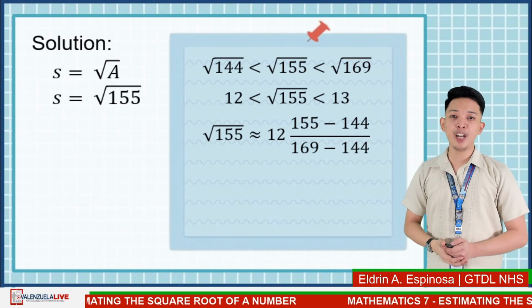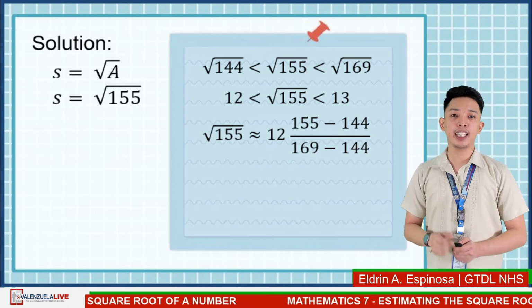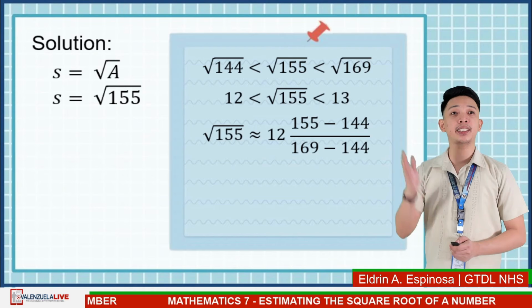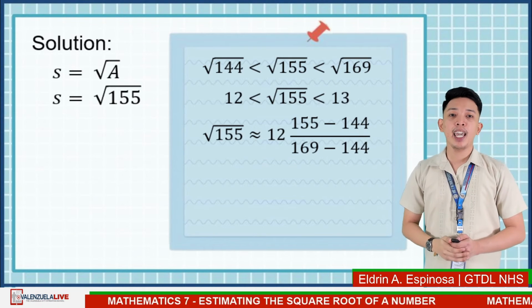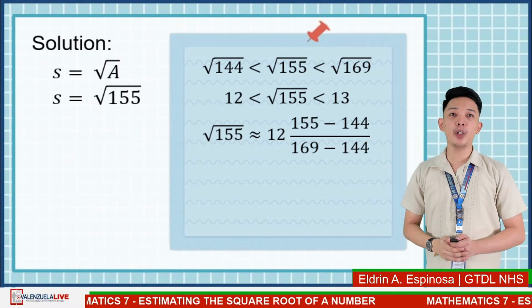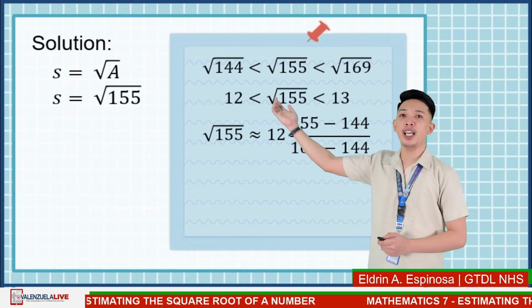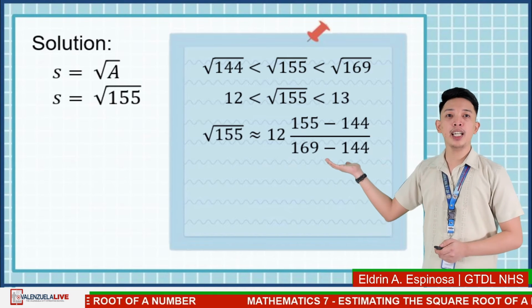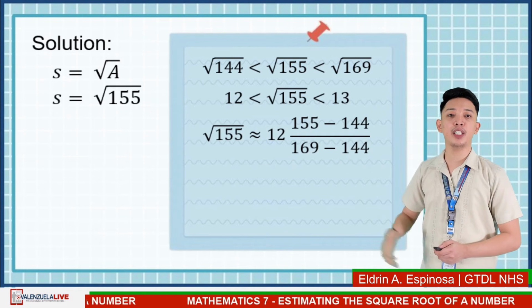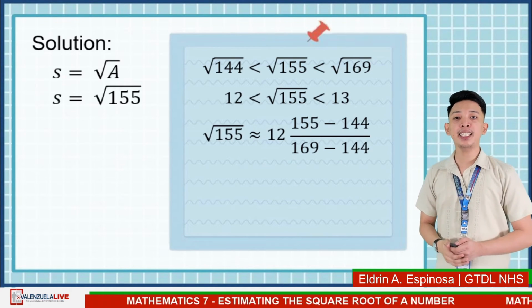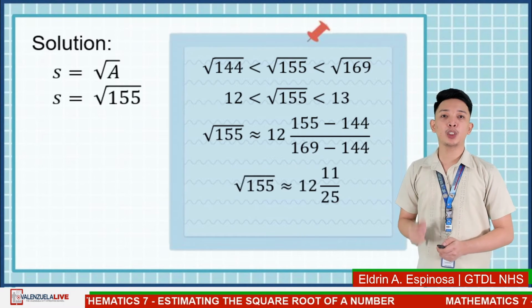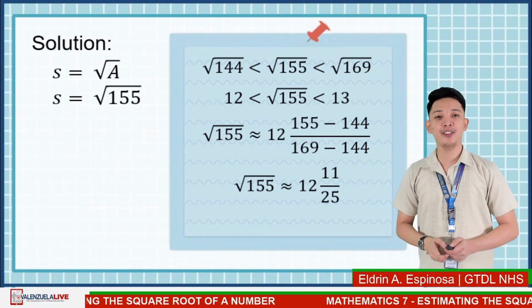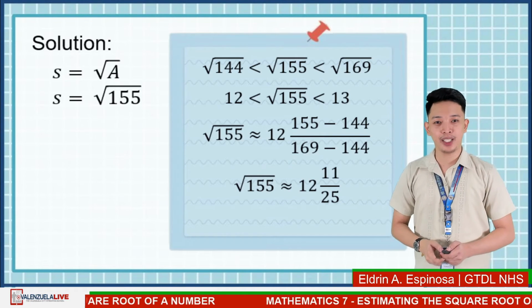Then for our denominator, simply subtract the integer radicand with the greater perfect square, which is 169, and the integer radicand with the lower perfect square, which is 144. So we have 169 minus 144. Simplifying this one, we will have square root of 155 is approximately equal to 12 and 11 over 25.